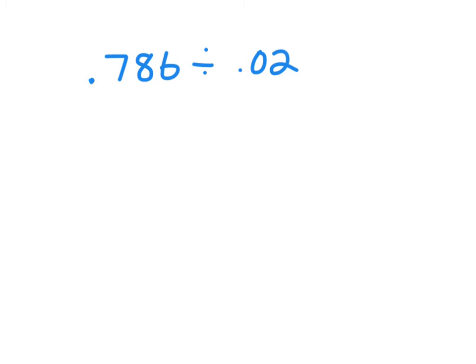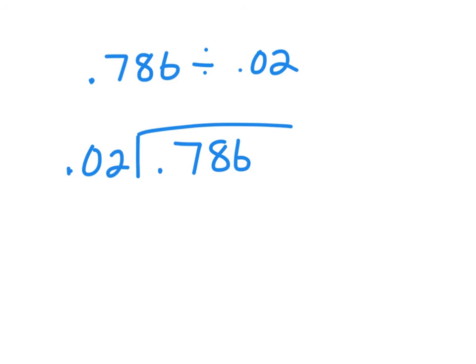Let's look at a similar problem. I have 786 thousandths divided by 2 hundredths. Going to set it up to do my algorithm. And in this case, I now need to slide my decimal 2 places to the right. What I do to the outside, I do to the inside, and my decimal point now is here.